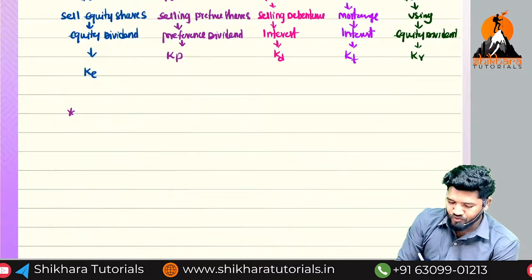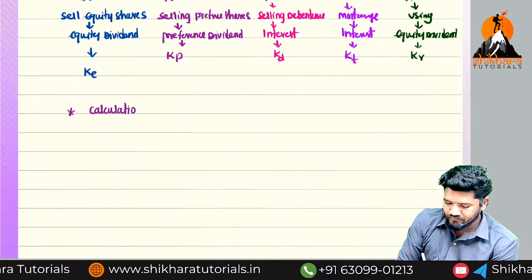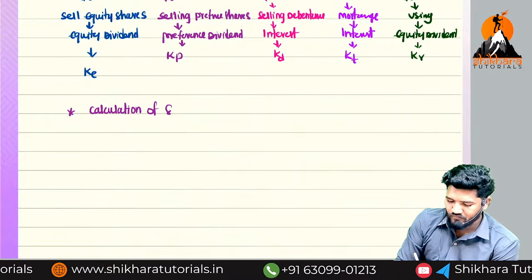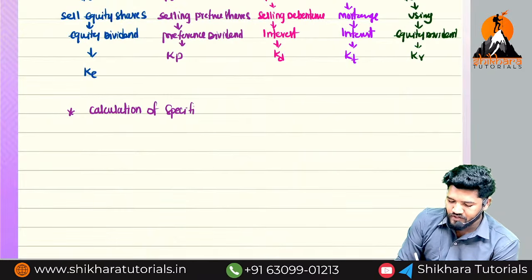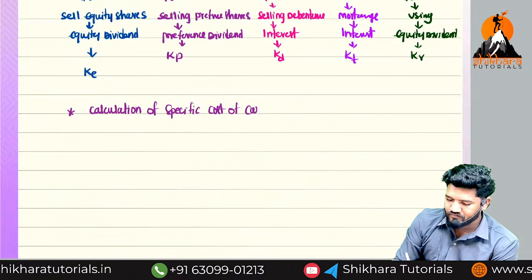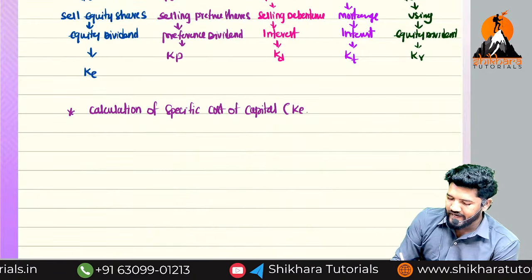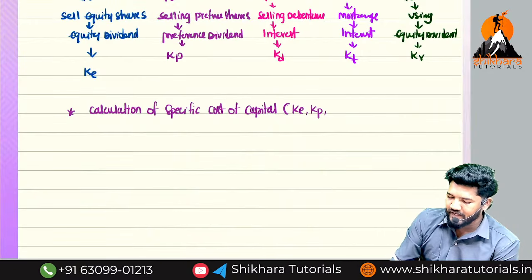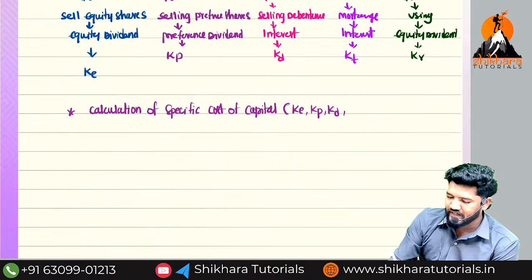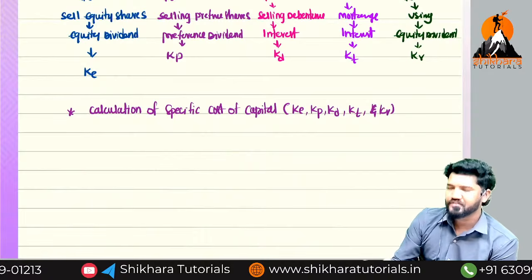Now two things you need to learn. First, calculation of specific cost of capital, that is nothing but KE calculation, KB calculation, KD calculation, KT and KR calculation.